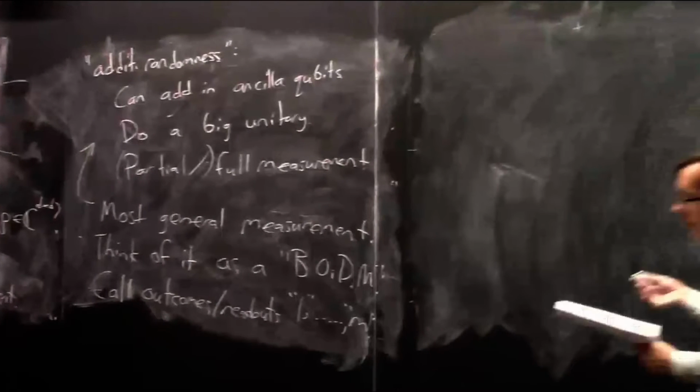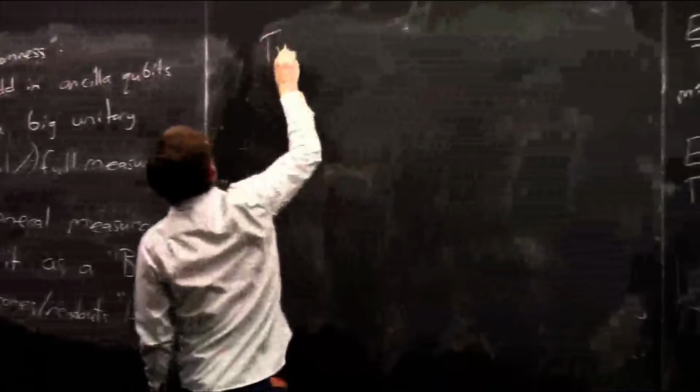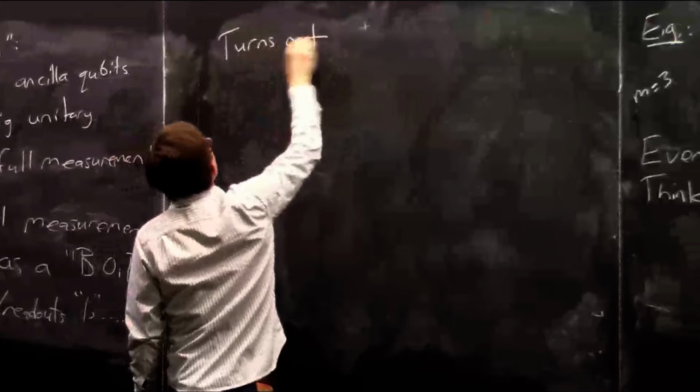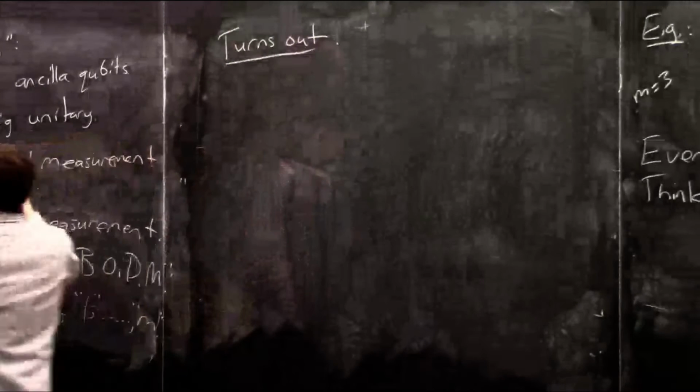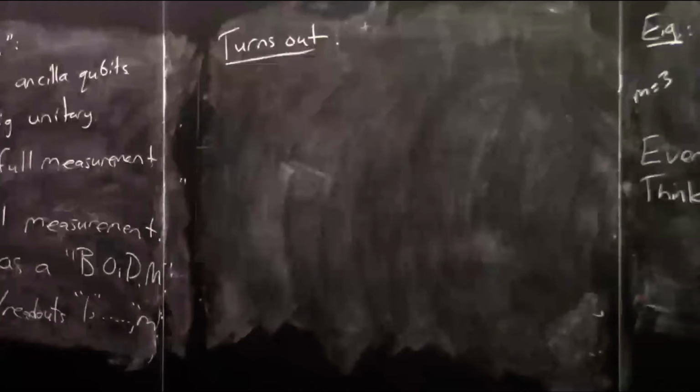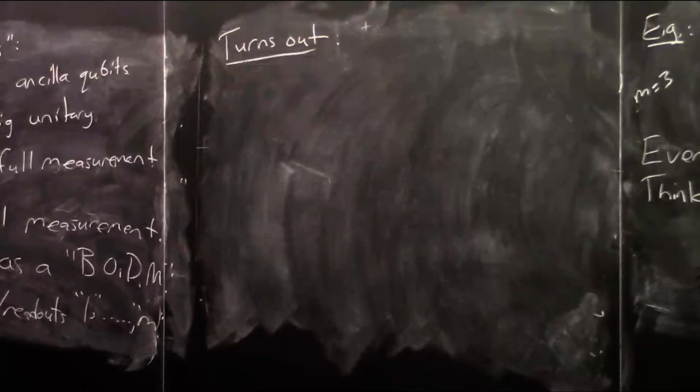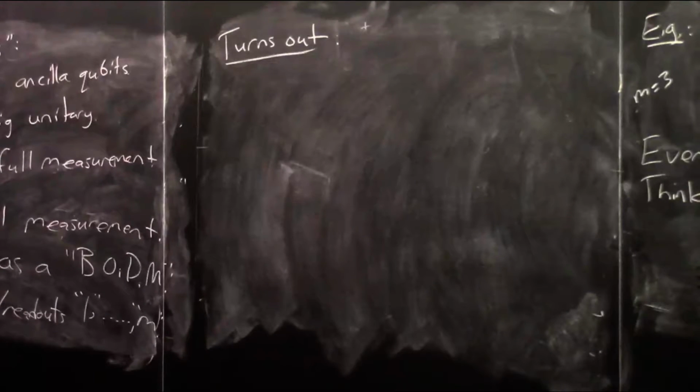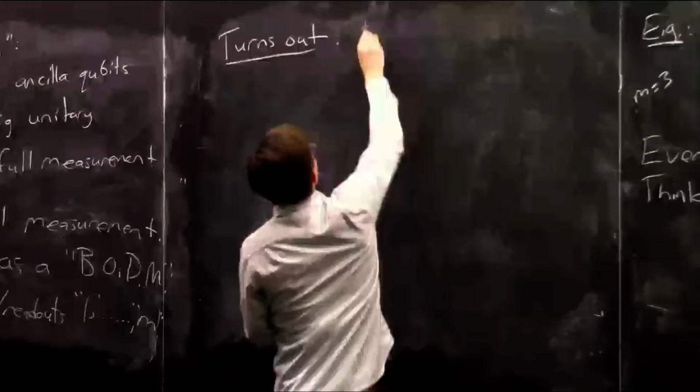I'm going to skip the math, but it turns out that you can boil this big old device for measuring down into some small mathematical objects, which will tell you the probabilities of all the outcomes. So just accept the following.